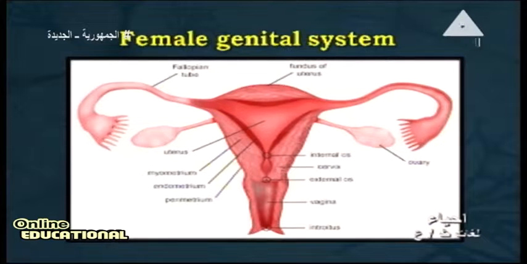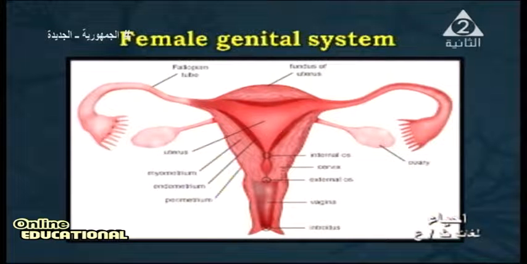The female genital system, or female reproductive organ, consists of 2 ovaries, 2 fallopian tubes, the uterus and the vagina, as shown in the figure.